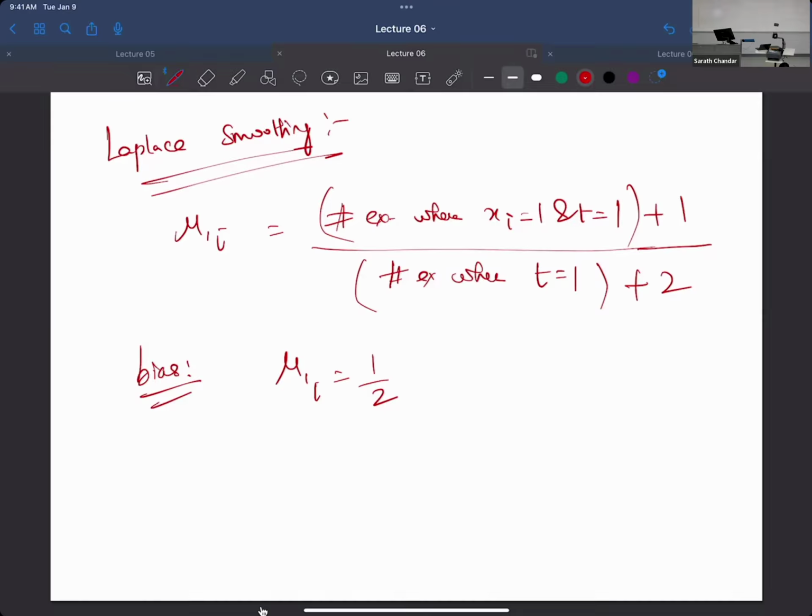So for rare words, you will have a probability like 1 by 10,002 if you have 10,000 documents. So you end up with a very small probability, but it is still non-zero, so that your probabilities don't go to 0. Is that clear? Any questions so far?